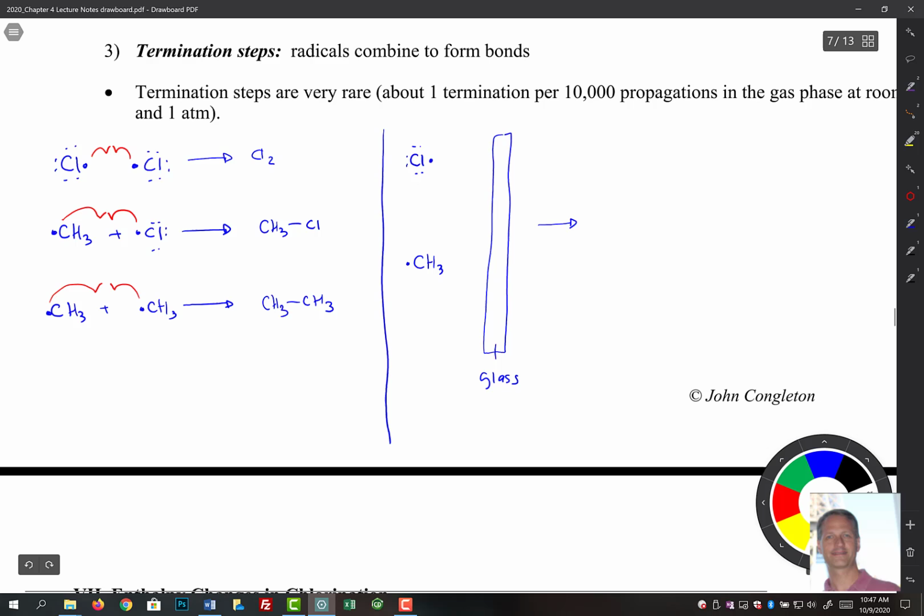Sometimes you'll see this written out as the wall. So then what you would get is chlorine attached to the wall and CH3 attached to the wall. So it bonds to the glass.